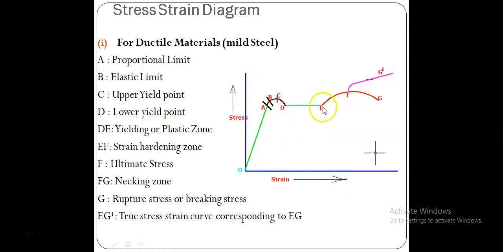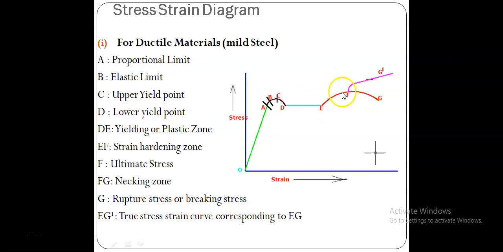Once the point E is reached, what happens? Further, the stress increases. That is called strain hardening, as well as strain also increasing. This is due to the molecular rearrangement. Once it reaches F, that is called the ultimate state.